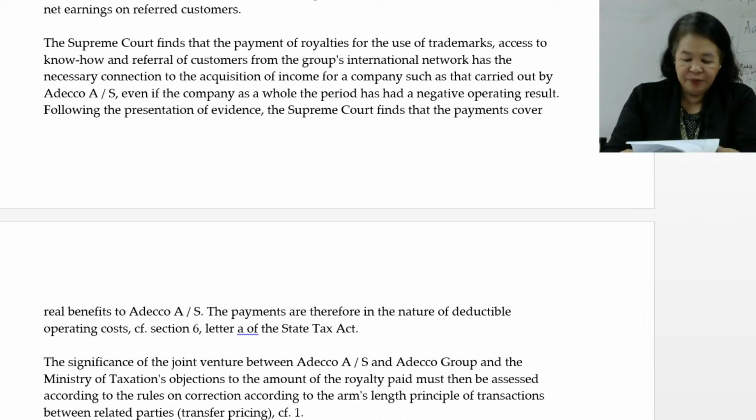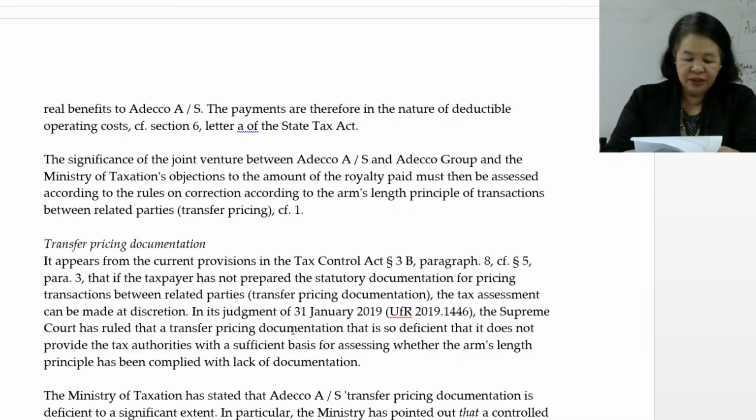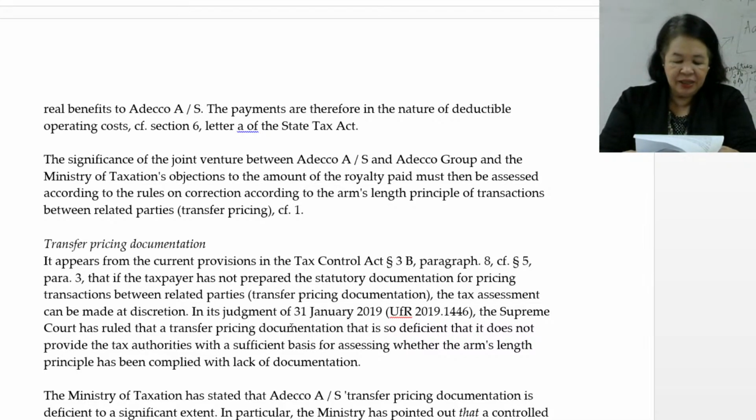So, transfer pricing documentation, ano sabi? It appears from the current provisions of the tax control that if the taxpayer has not prepared the statutory documentation for pricing transaction between related parties or transfer pricing documentation, the tax assessment can be made at discretion. No?